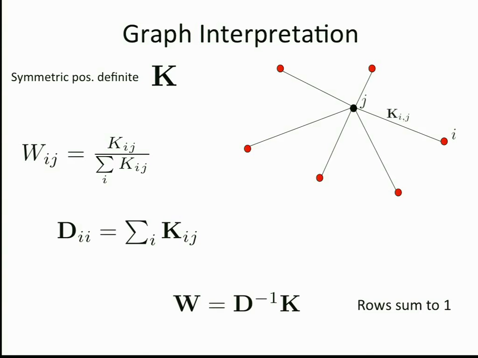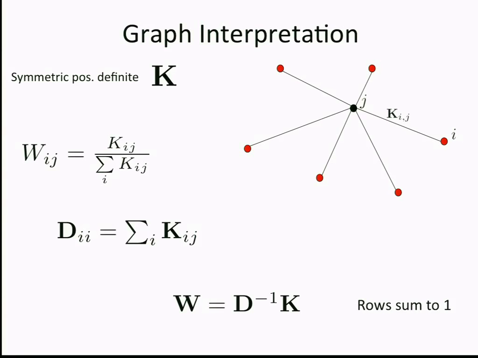And I can describe this normalization factor as a diagonal matrix, where the diagonals of this are simply the sum of each row of the matrix K. So let me go through it again. You compute the matrix K, you sum the rows, and you divide each row by that sum. That gives you the matrix W. And what I just told you is exactly embodied in this equation.